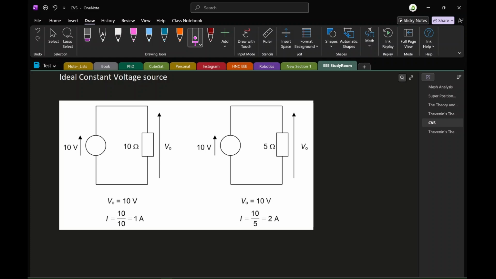When we apply these to our equations below, we can see, from Ohm's law, that it's the current that changes. As the load changes, the current supplied by the CVS changes, but the output voltage remains constant. So your CVS is basically defined as a device that will supply a constant voltage to a circuit irrespective of the load connected across it.